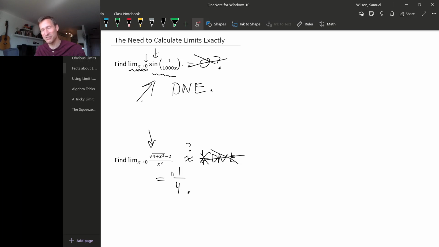It has to involve some rounding error when it does those sorts of calculations. And in any particular example, you won't necessarily know the difference, right? So I guess what we should do to remedy this situation is come up with tools for calculating limits exactly that don't depend on using approximations for graphs. So we really need to figure out calculations and not just approximations.